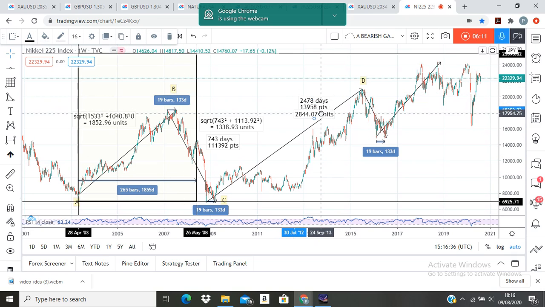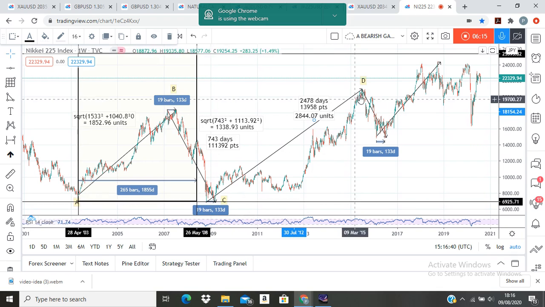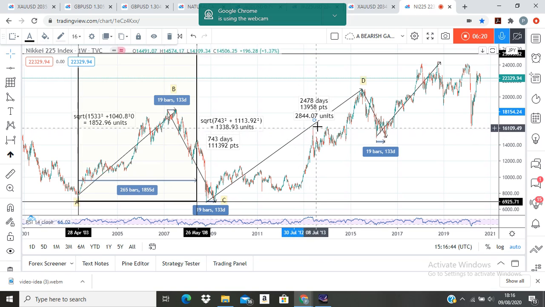Now let's delete our triangle and bring this here. That means our CD swing has a total value, the three-dimensional value in units of price-time, of 2844.07 units.